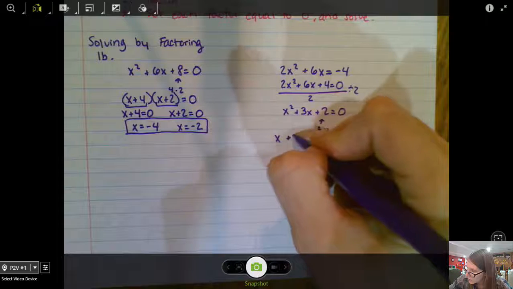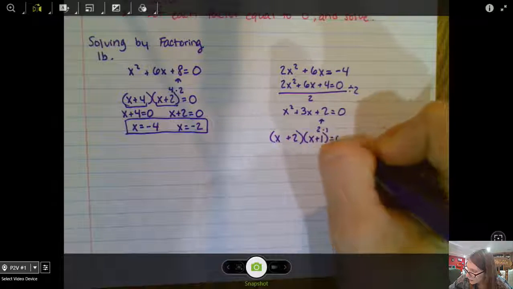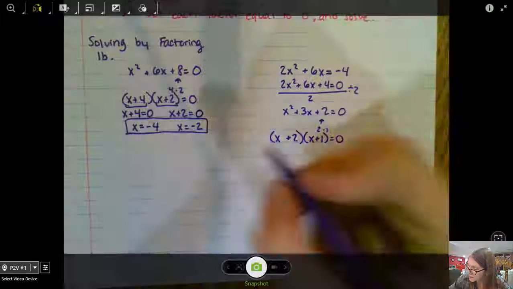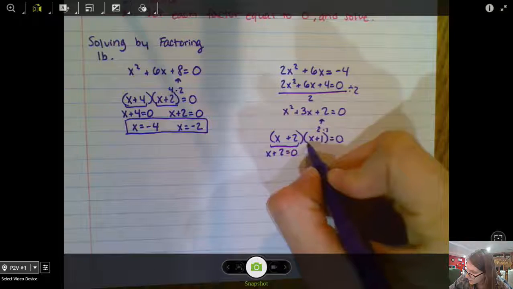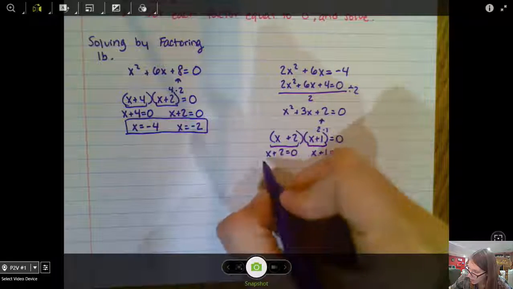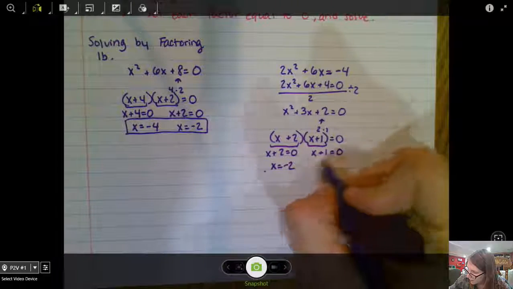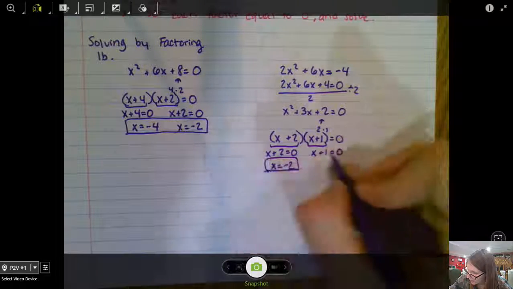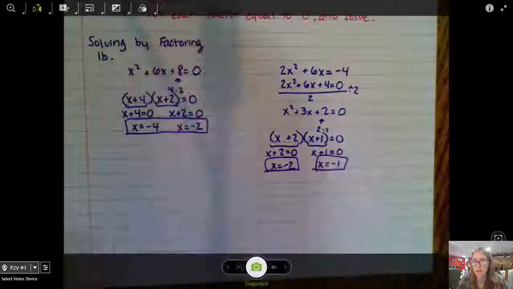So x plus 2 is a factor, and x plus 1 is a factor. Set each part equal to 0, and solve. X plus 2 equals 0, and x is negative 2. X plus 1 equals 0 when x is negative 1.